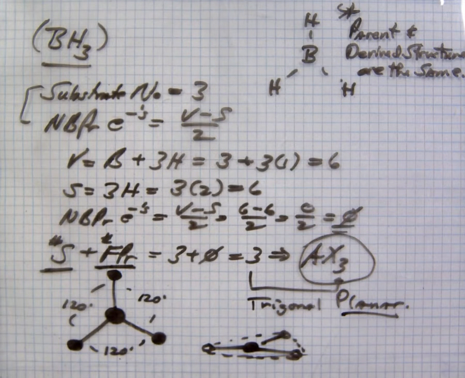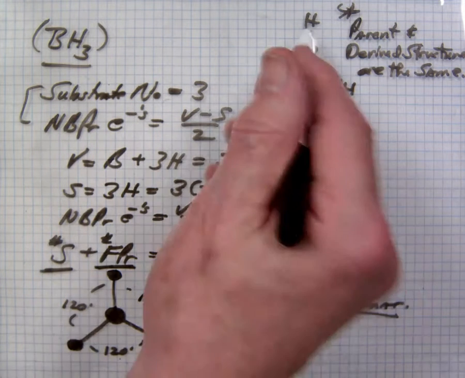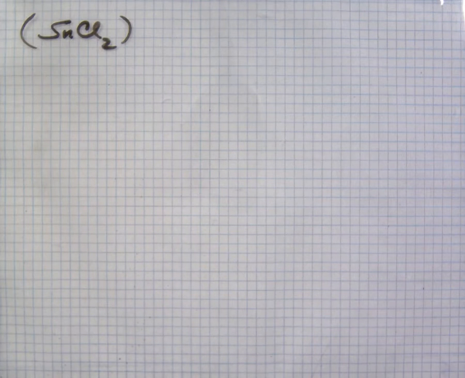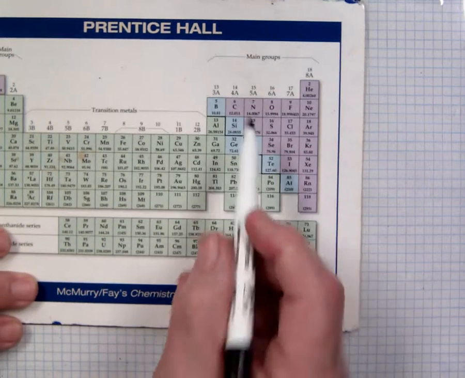However, you'll draw the parent structure and you'll have some bars in here that will just be electron pairs, and I'll show you. Stannous chloride, for example, SnCl2. So Sn is called also stannous in there, and as you look in the periodic table, you'll find it in group 4 right here.